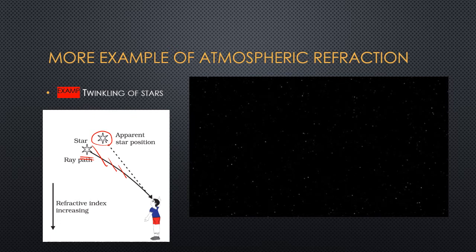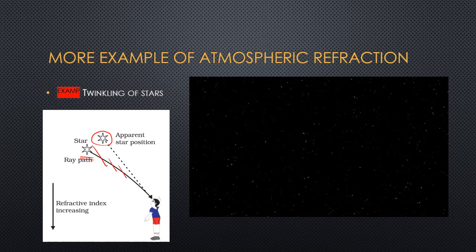Now someone can ask, there are planets also in the sky, why don't they twinkle? The reason being, the planets are much closer to the Earth and are not considered point-sized. That's why they are extended sources. So if a planet is a group of point sources of light, the total variation in the amount of light entering our eye from all the individual point-sized sources will average to zero.